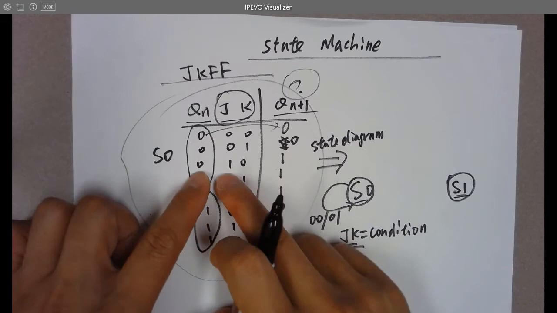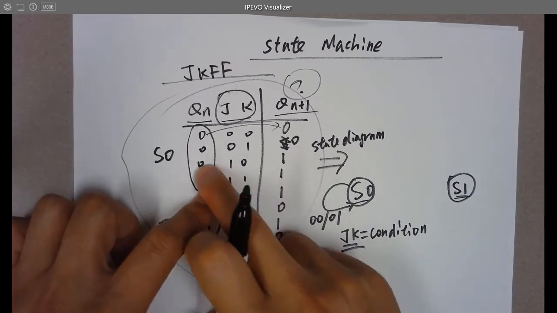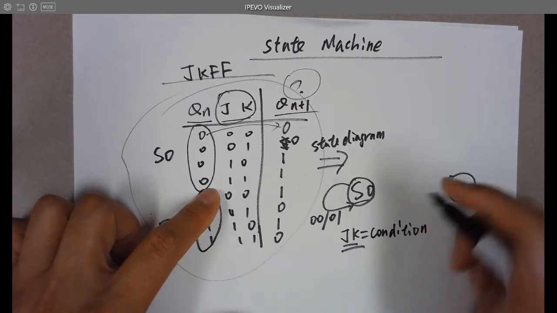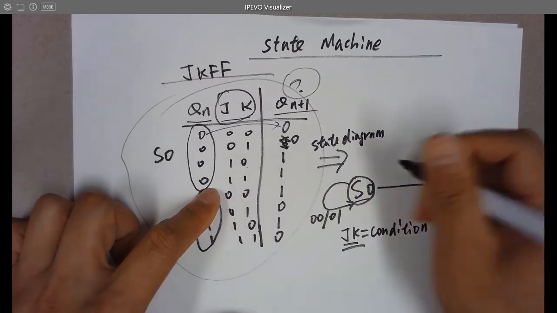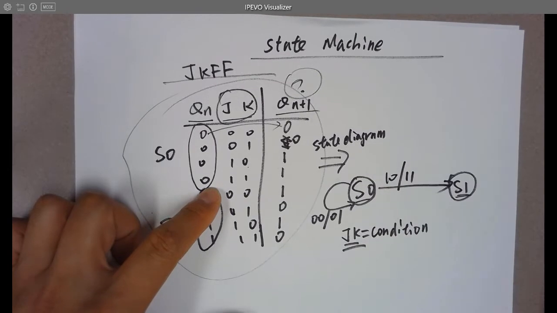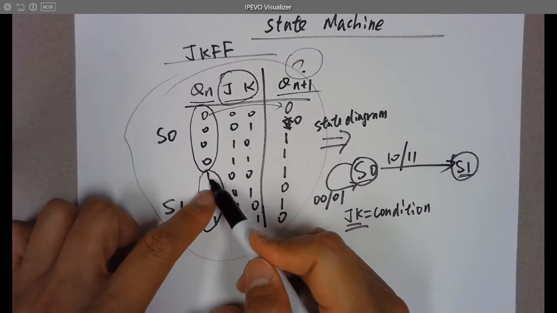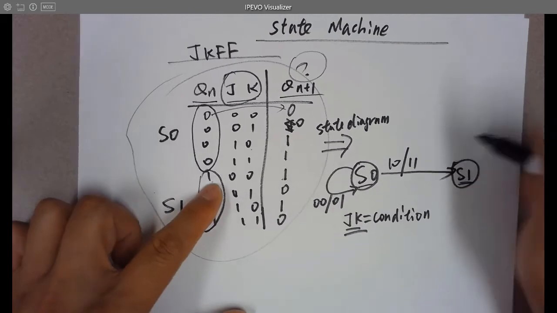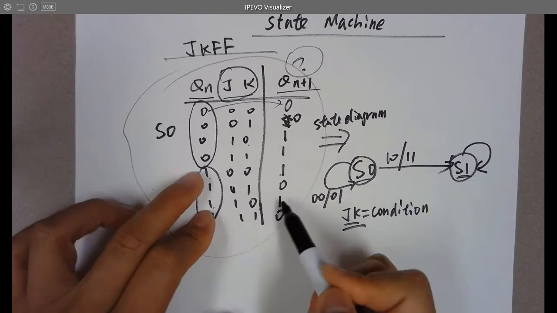And now let's see the next. It jumps from 0 to 1, and the condition is 1, 0 or 1, 1. Either one, okay? And now it jumps from 1 to 1. Yeah, 1 to 1.